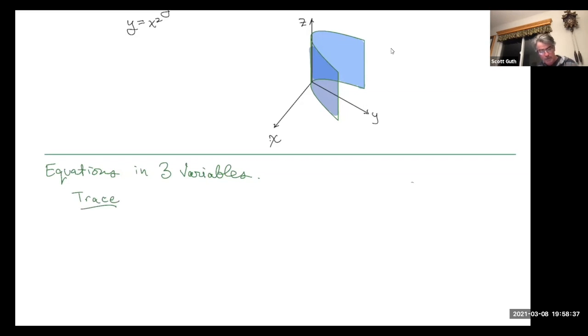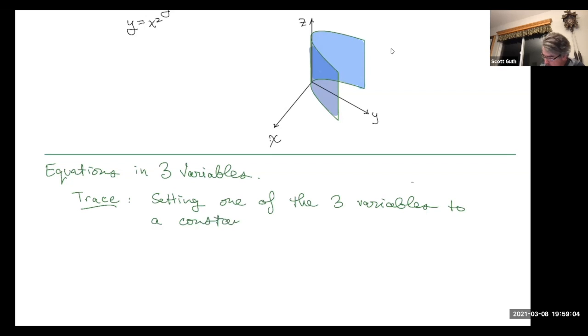That's where you set one variable to a constant to make a 2-dimensional curve to help you draw the surface. So I'll say setting one of the 3 variables to a constant to make a curve that helps you draw the surface.